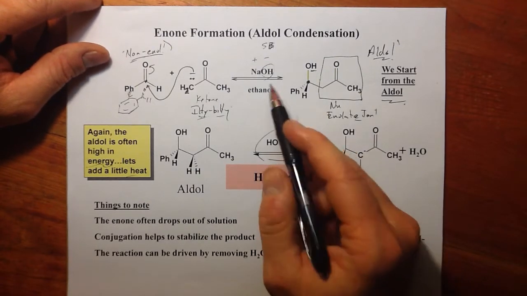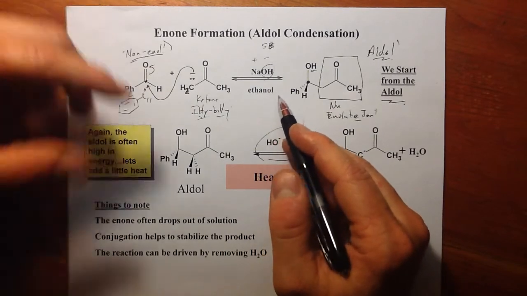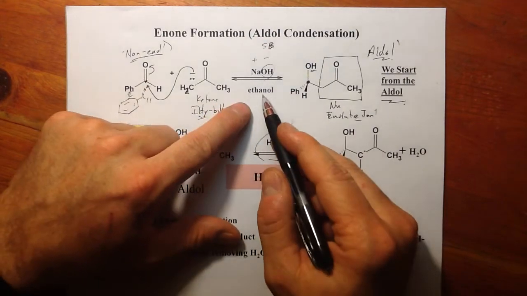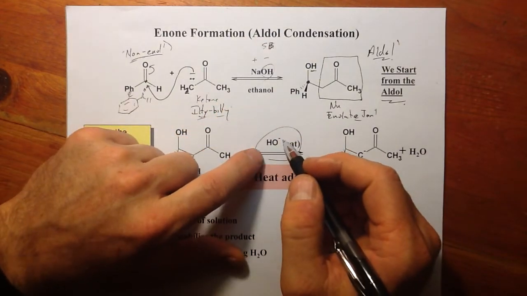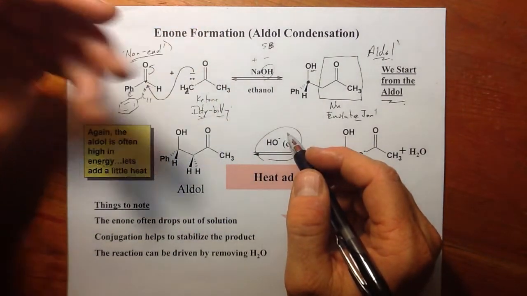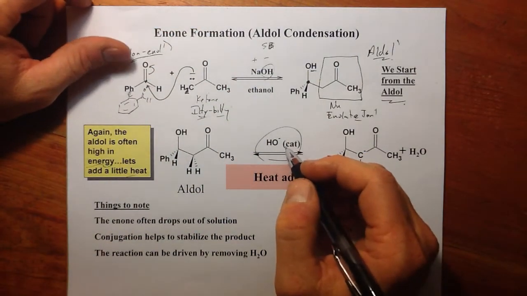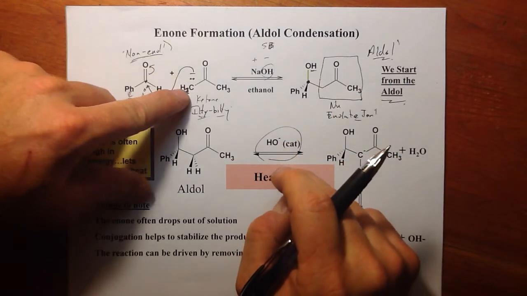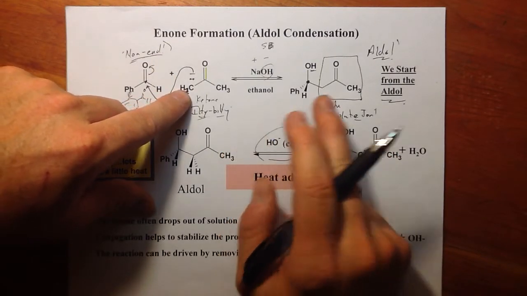Well, we know that we don't change the basicity of the solution, whether it be a hydroxide or an ethoxide. We have the same amount of negatively charged strong bases floating around in solution. So we come back to that with this heat that's added, and we go after the same carbon that we went to make the aldol.